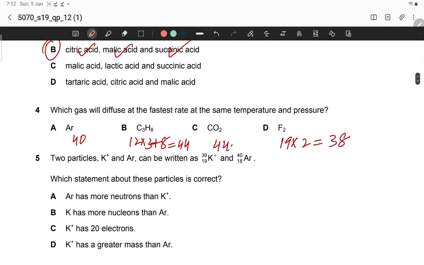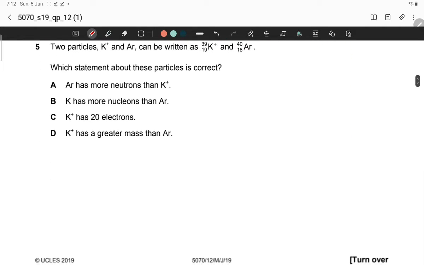So fluorine has the lowest Mr, so it diffuses at the fastest rate at the same temperature and pressure. The option is D.